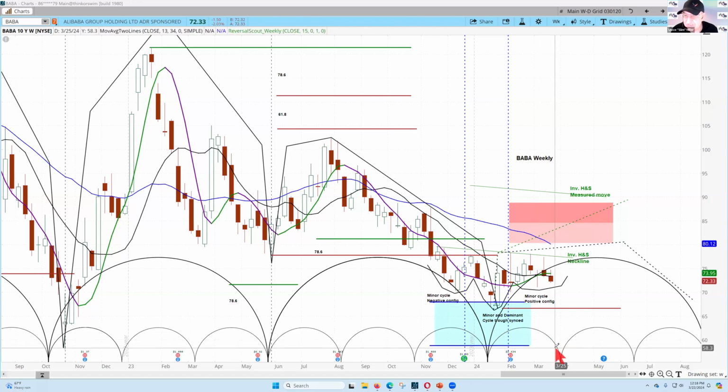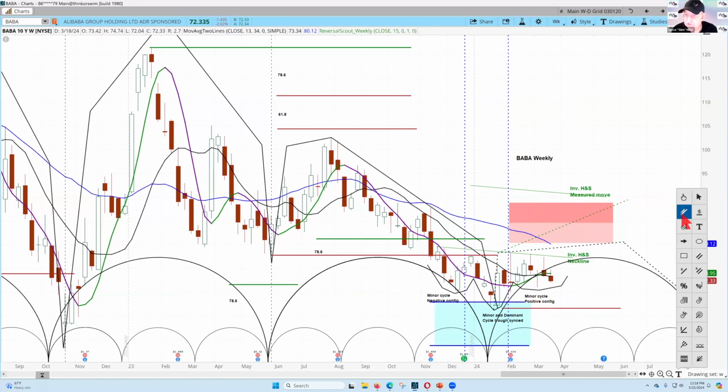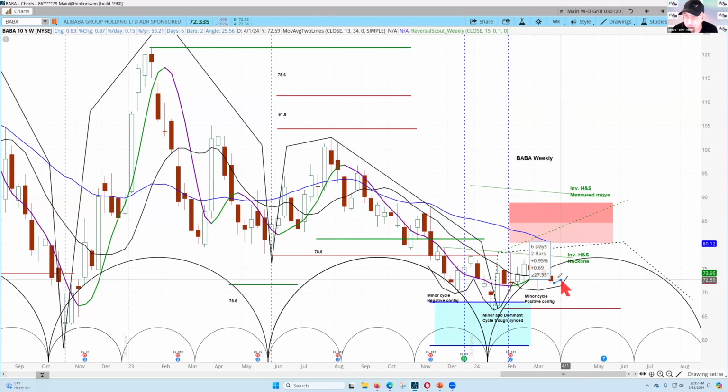What that says is that once this little correction is over with, the right shoulder gets formed, and then you move into this rising phase right over here, joining the rising phase from the dominant cycle. And then what happens? You get upward movement right in here that will look something like this as we have drawn in here. And that's why we have these upward targets that we have right there.